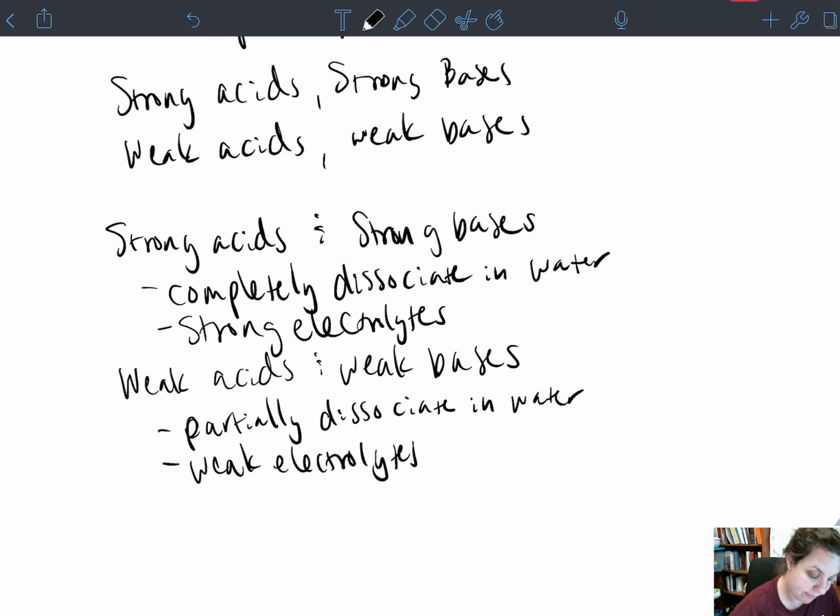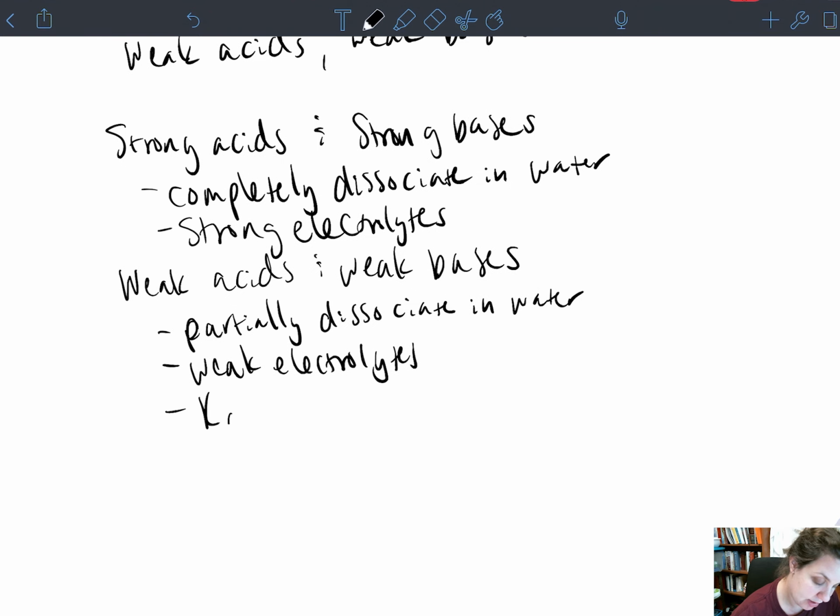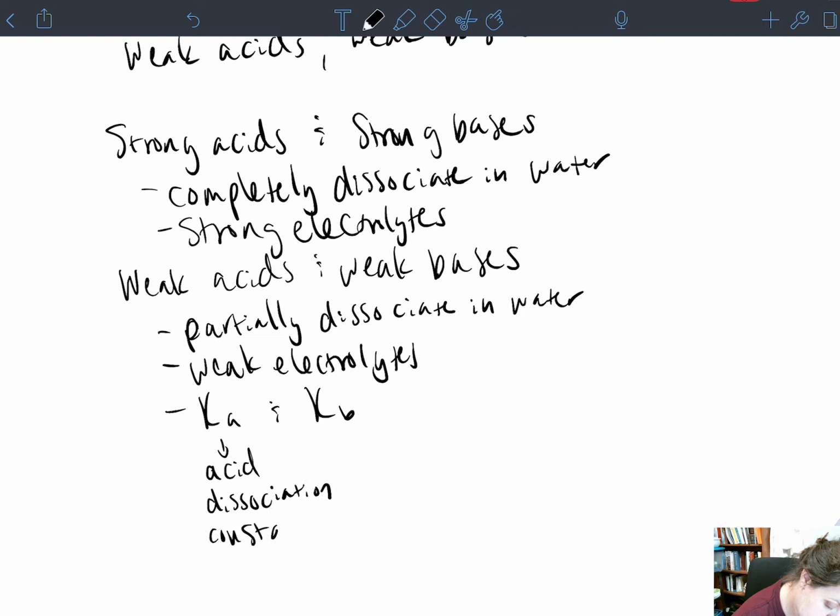And these are going to have Kas and Kbs associated with them. So our Ka is our acid dissociation constant. And our Kb is our base dissociation constant.